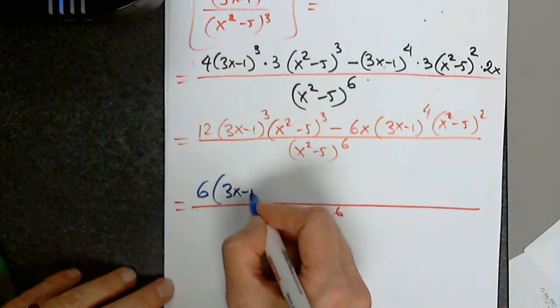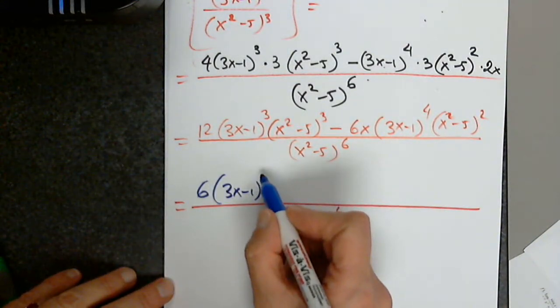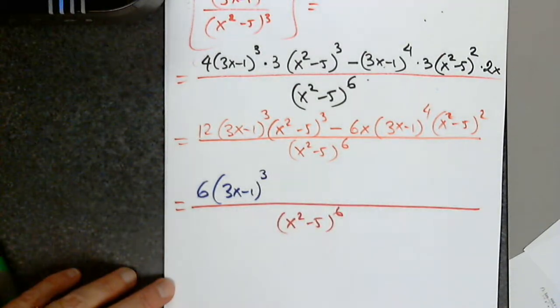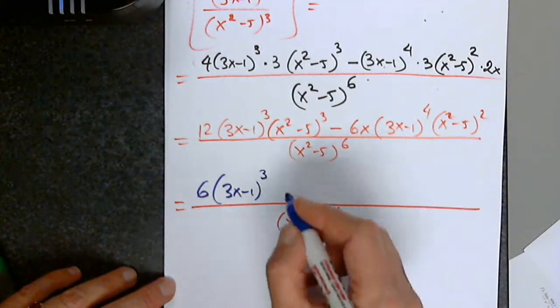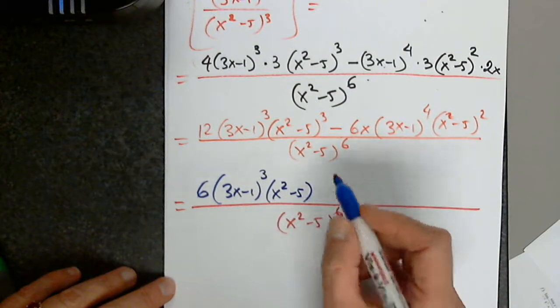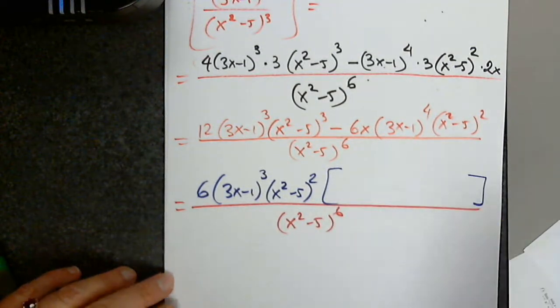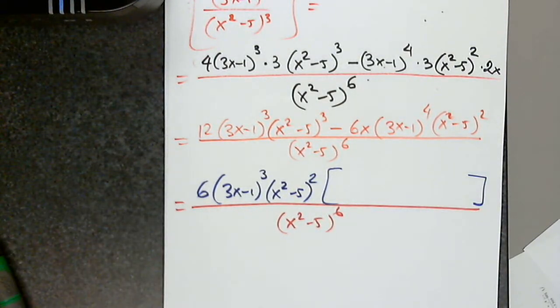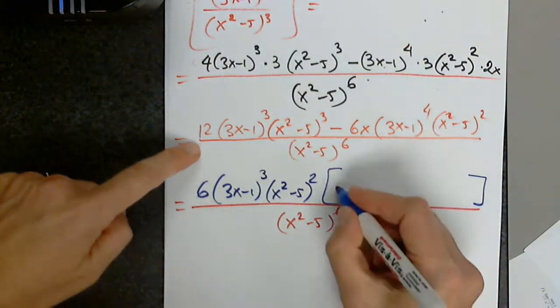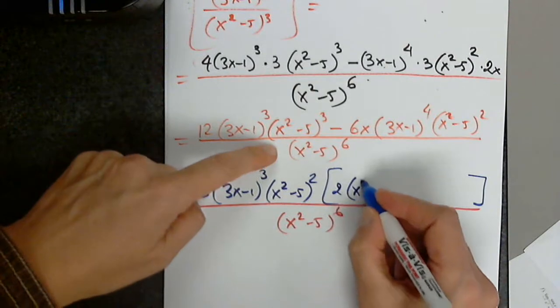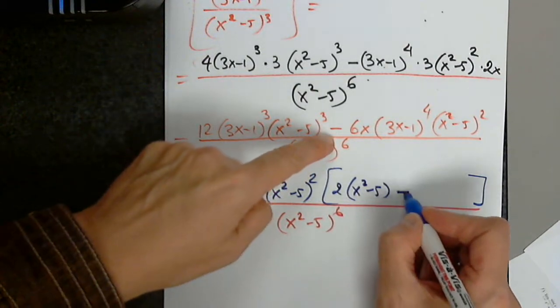To which power? Very good, excellent. What else? Very good. To the second power. Excellent. Let's see what is left from the first term. 2 is left. What else? Very good. And I reached this.